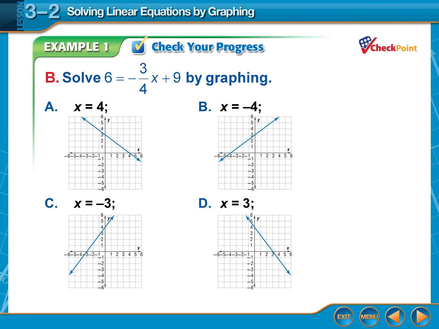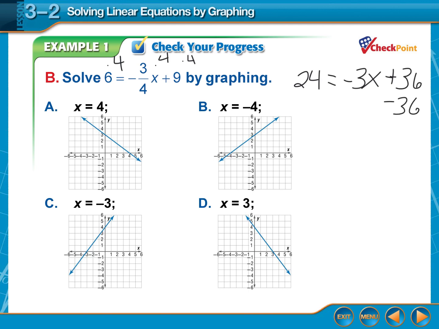How do we solve here? What's my first step? Multiply by 4. What's 6 times 4? 24 equals negative 3x plus 36. What's my next step?